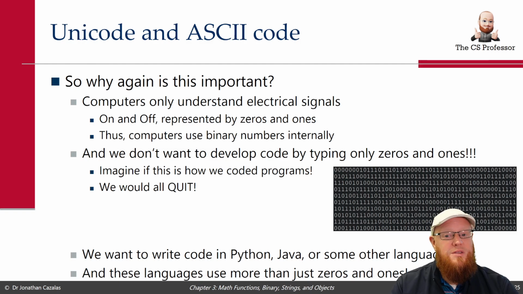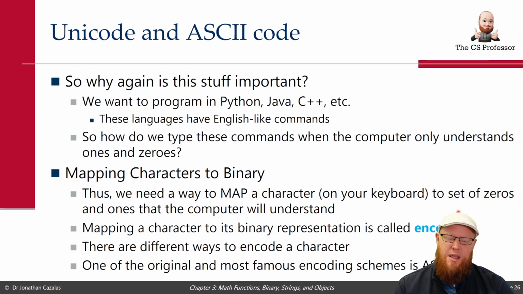But we want to develop our languages, our programs in high-level languages like Python, like Java, like C#, C++. And thank goodness, as we know, we're not coding in ones and zeros. We're coding with these English-like commands. So what this means is, if the computer only understands zeros and ones, but we're typing these commands on the keyboard in English, the computer therefore has to have a way of mapping a single keyboard character into zeros and ones.